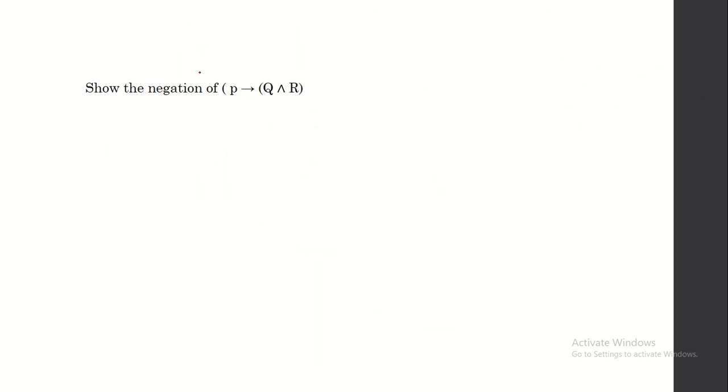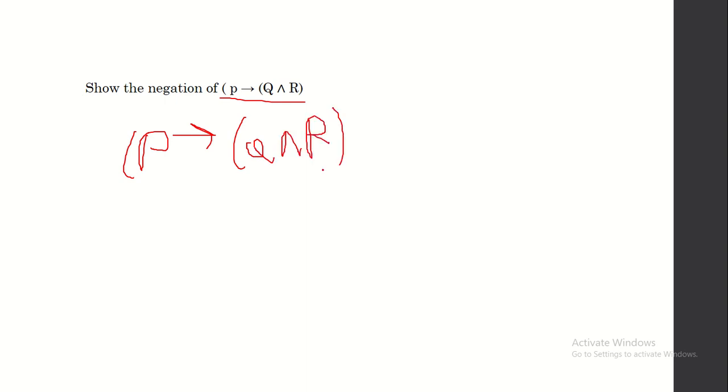So the last example, we need to show the negation of this, right? The negation means we have the expression P implies (Q and R), with a negation before it.